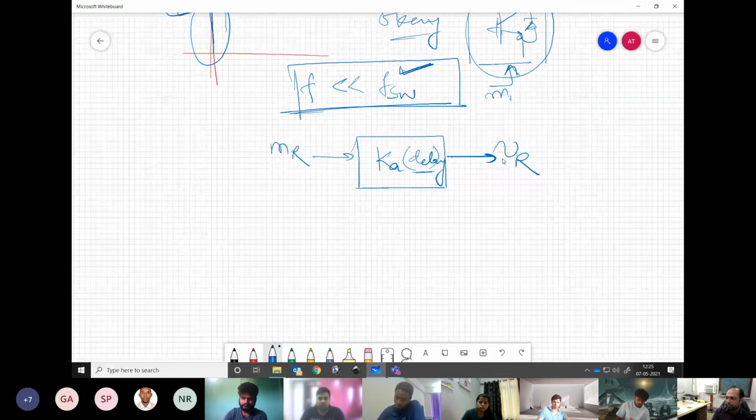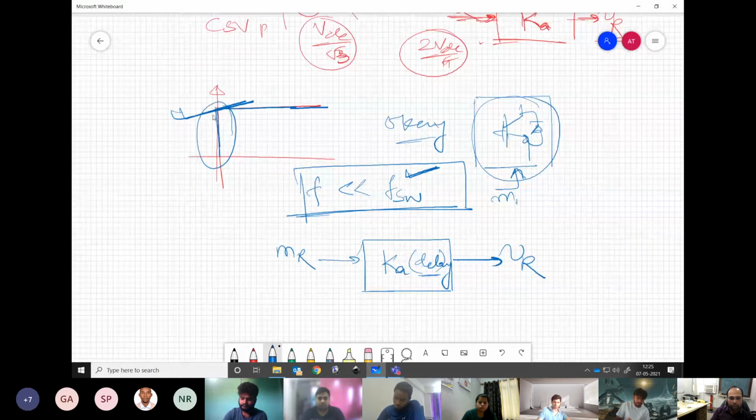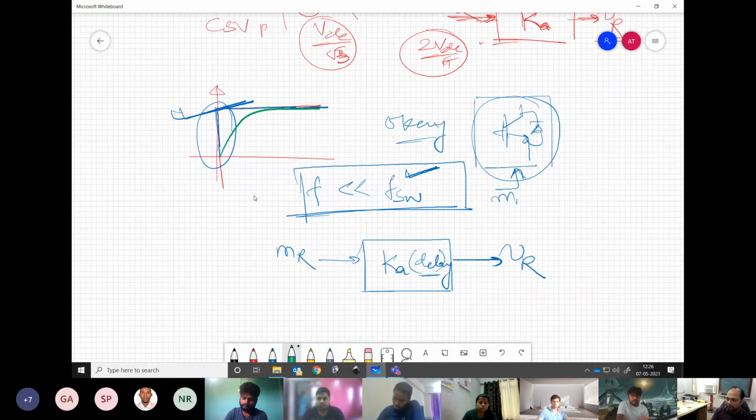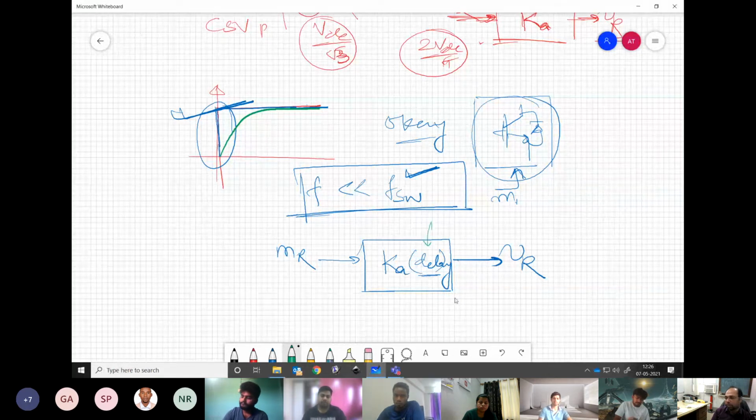Understanding my point? So the response of the converter will not be exactly like this, but it may be something like this after a delay. You change something at this instant, but your output will change only after a certain time delay, a certain gap. That is what we model sometimes over here.